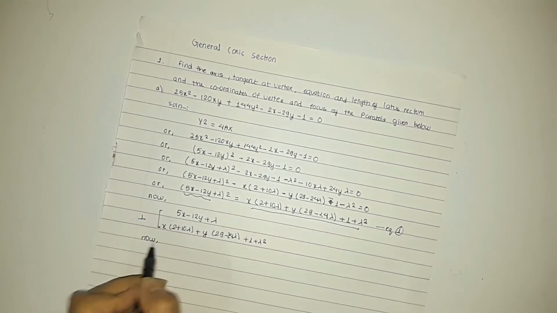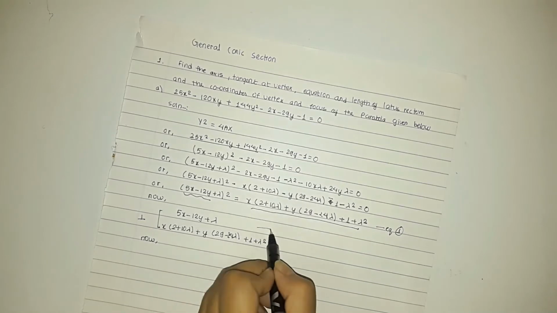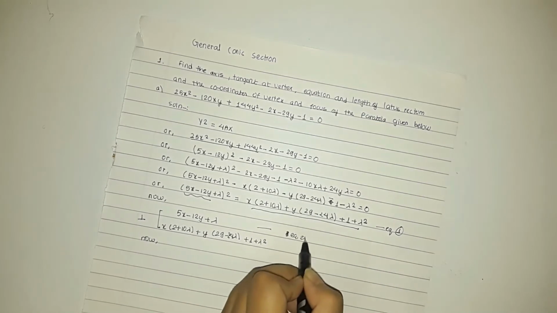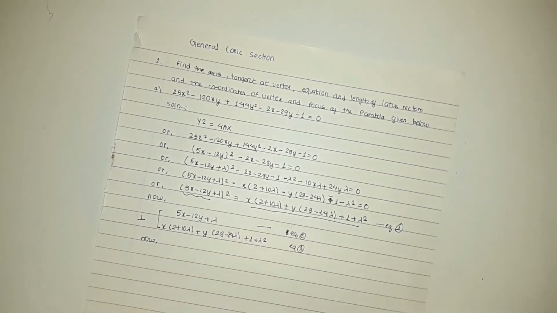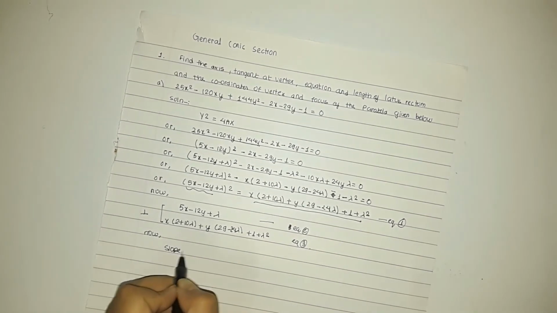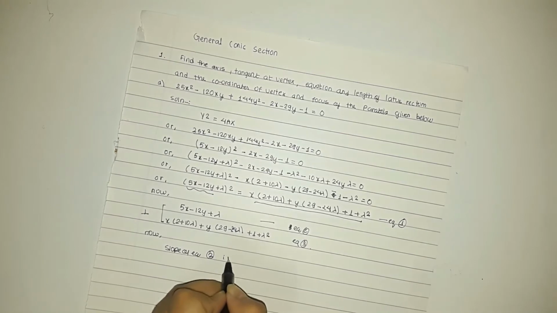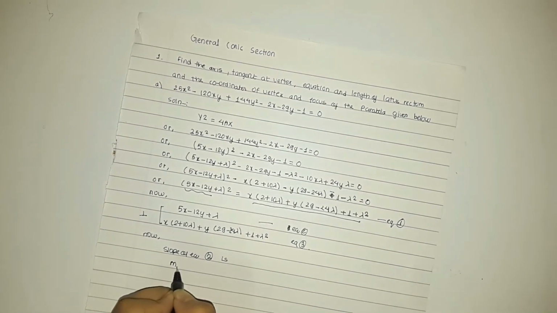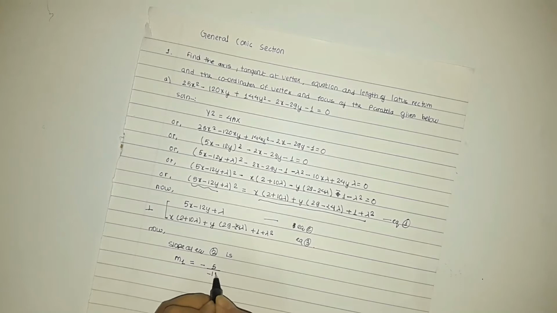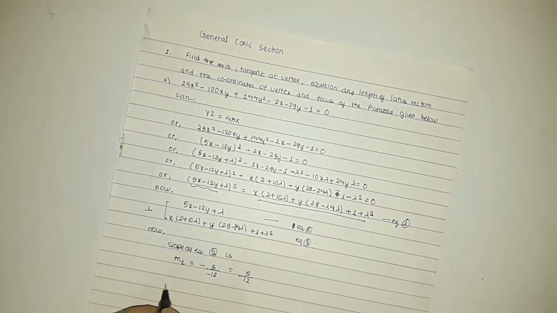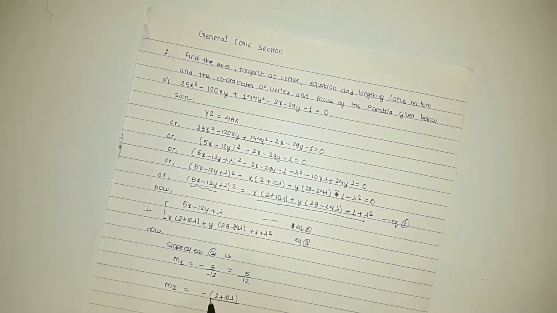Now for perpendicular lines, we know the product of the slopes of equation 2 and equation 3 is minus 1, so we're going to find the slopes. The slope of equation 2, m1, is minus coefficient of x by coefficient of y, which becomes 5 by 12, and the slope of the other equation is minus 2 plus 10 lambda by 29 minus 24 lambda.